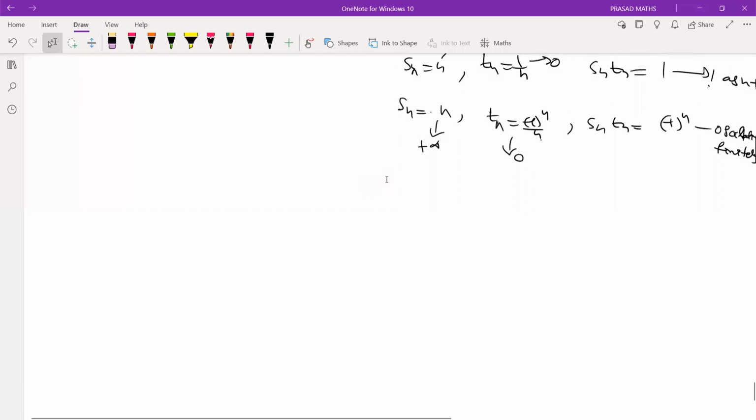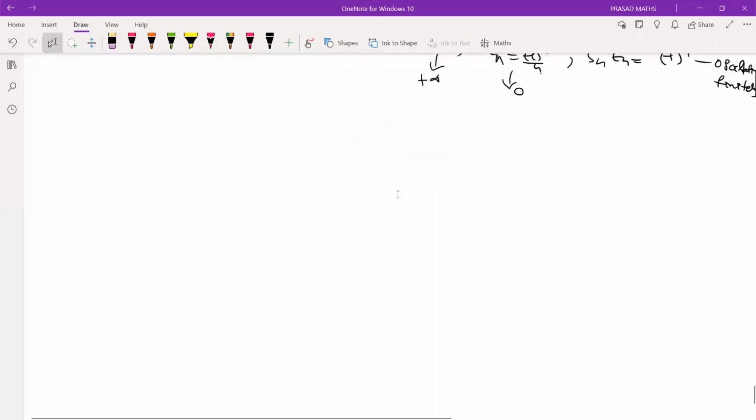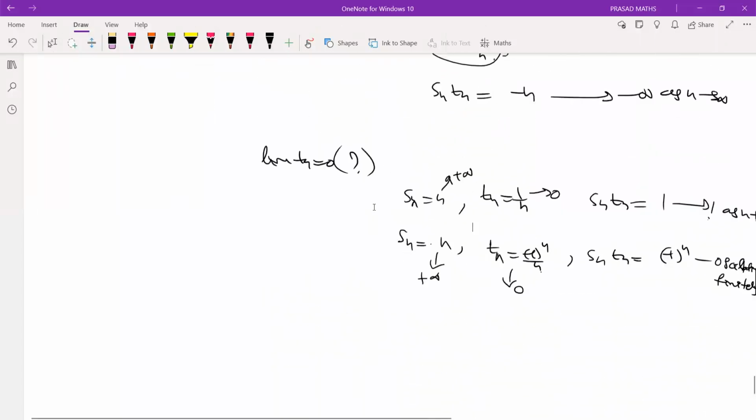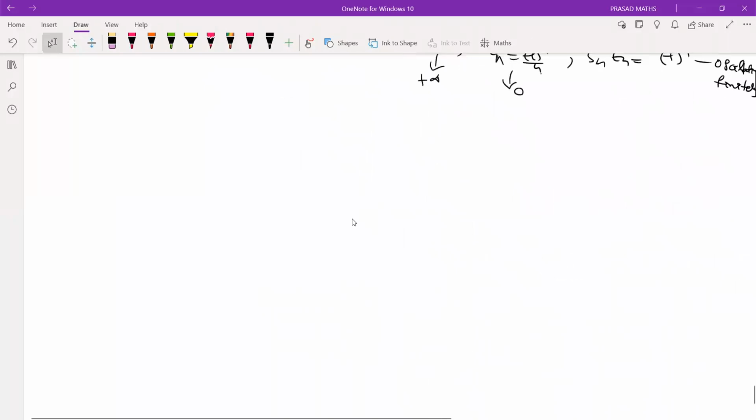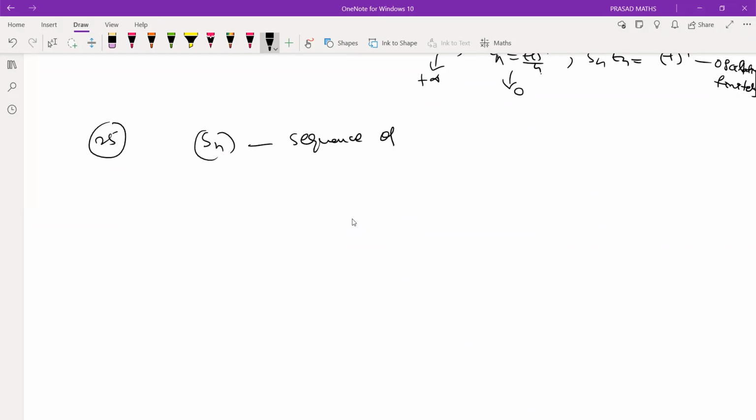Property number 25. Suppose Sn is a sequence of real numbers, in fact a sequence of positive real numbers. This is a very standard property in complex analysis, and of course in real analysis also.